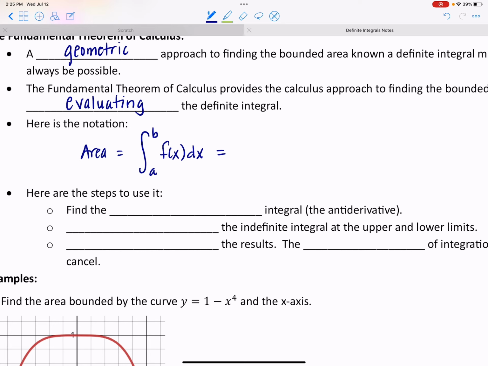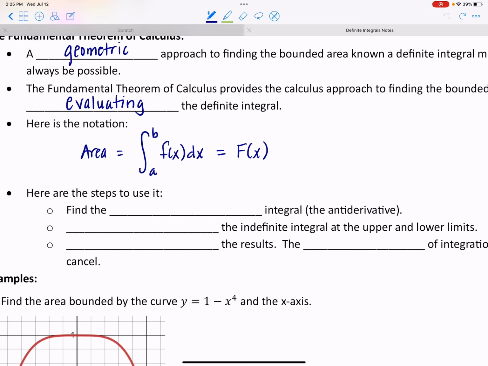We're still going to integrate this function how we normally would. And we're going to get our antiderivative, which we call capital F of x. Now, after we do this, we're going to evaluate this antiderivative at the endpoints of our interval.